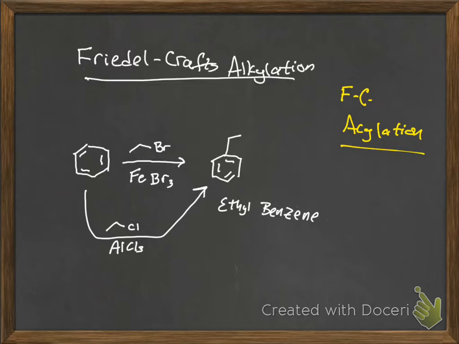Mechanistically, this is kind of a weird one. So it looks a lot like a chlorination. So what we do, the first step in all of our EAS reactions, is we generate our powerful electrophile. And what will happen is the chlorine will add on to the aluminum, very similar to what we saw in the chlorination mechanism, and we are here.